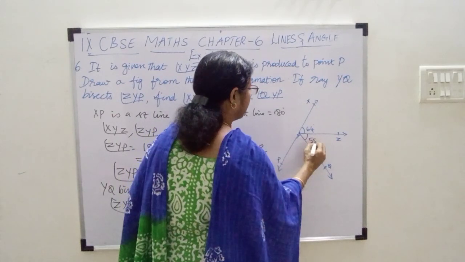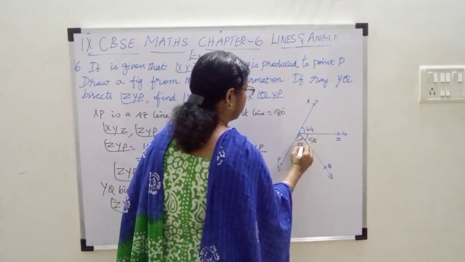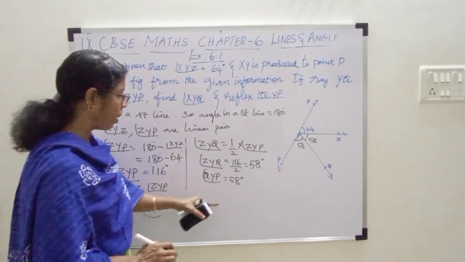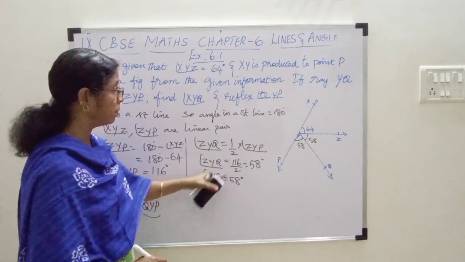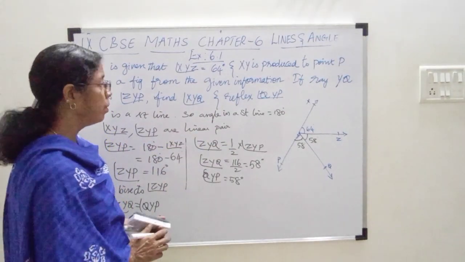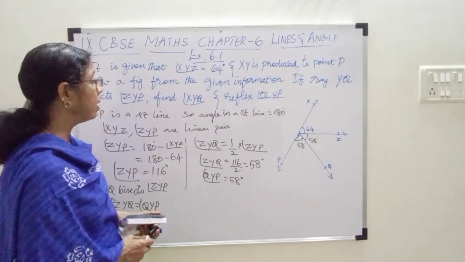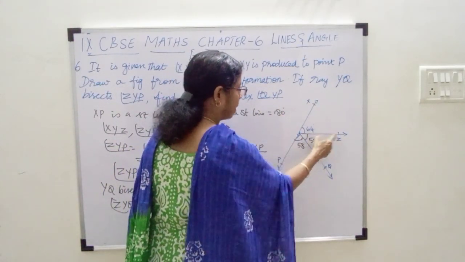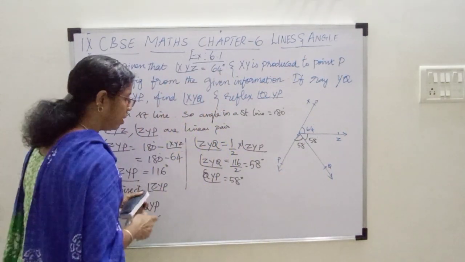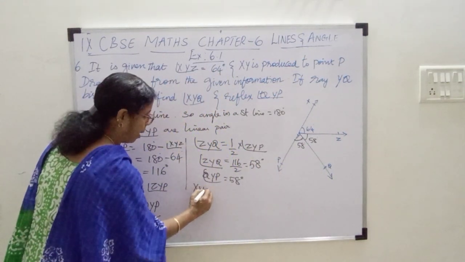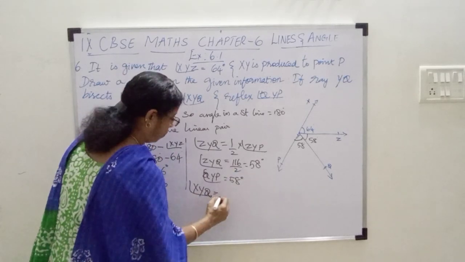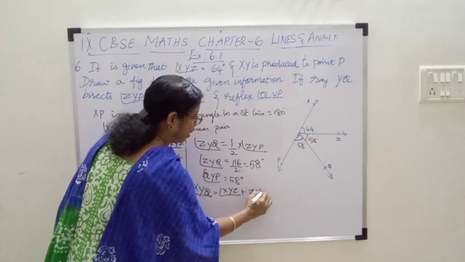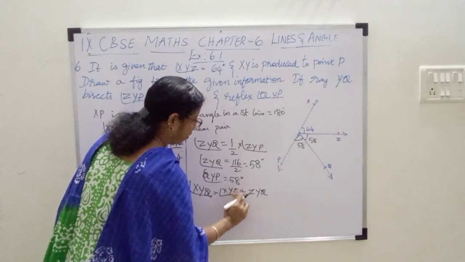This is 58 and this is 58. If you add these three, you will get 180. The problem is not that. Angle QYP is 58. Then we can find the reflex of angle QYP. Before that, you have to find out angle XYQ. Angle XYQ is equal to angle XYZ plus angle ZYQ.